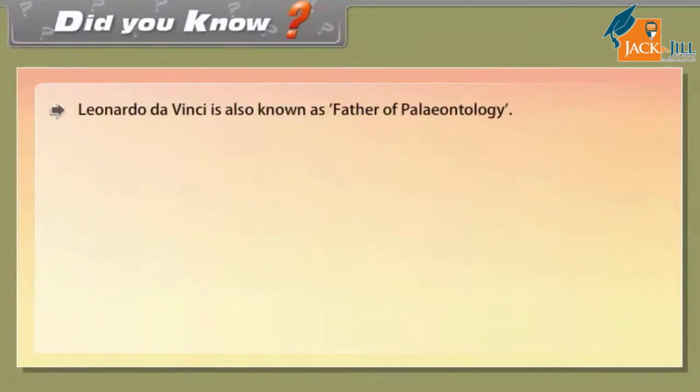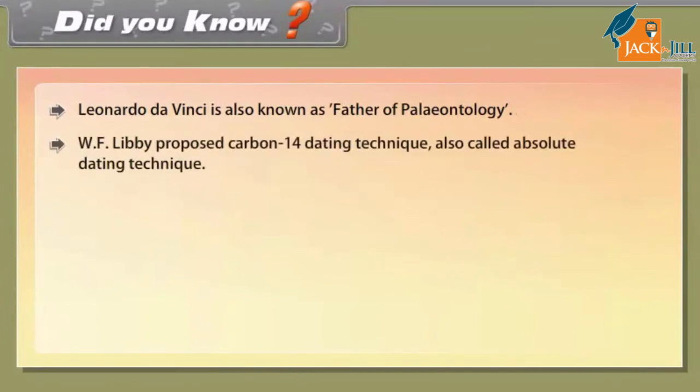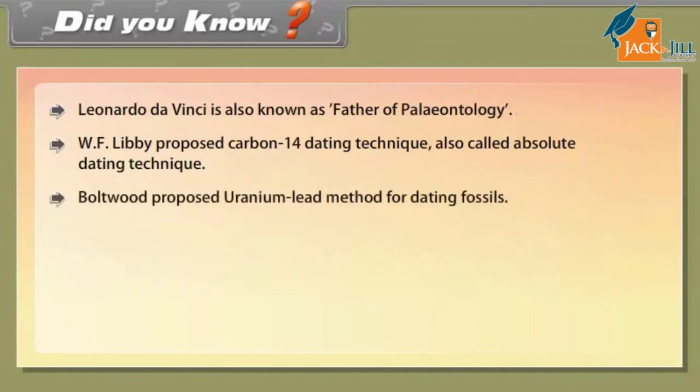Leonardo da Vinci is also known as father of paleontology. W. F. Libby proposed the carbon-14 dating technique, also called absolute dating technique. Boltwood proposed the uranium-lead method for dating fossils.